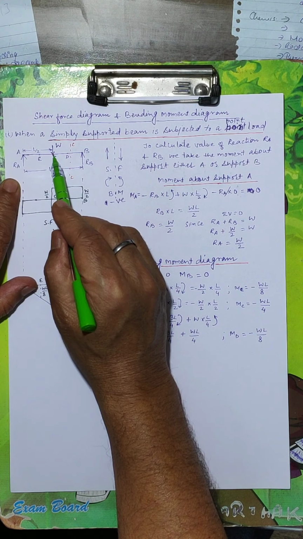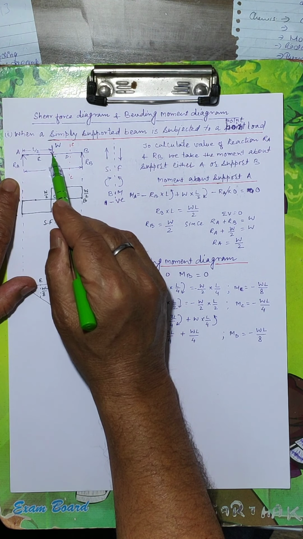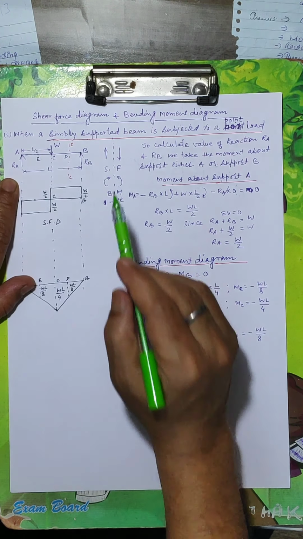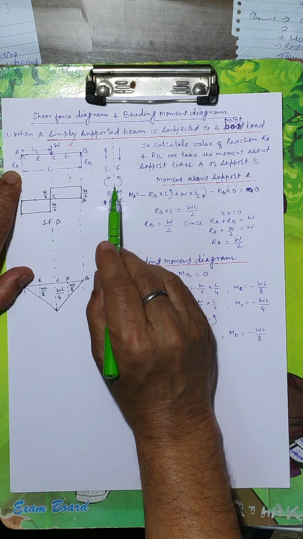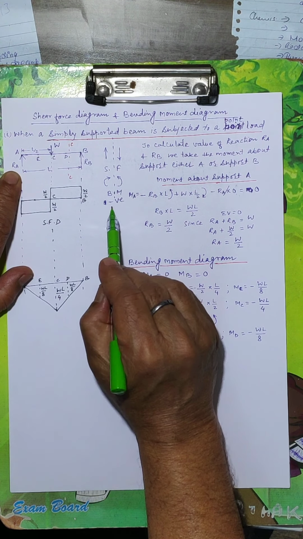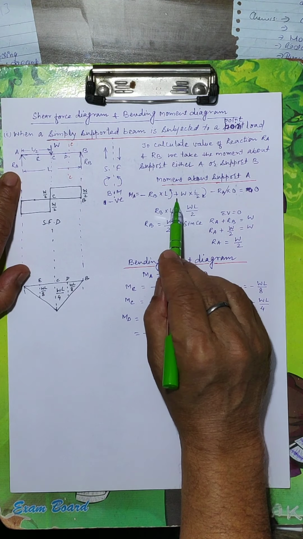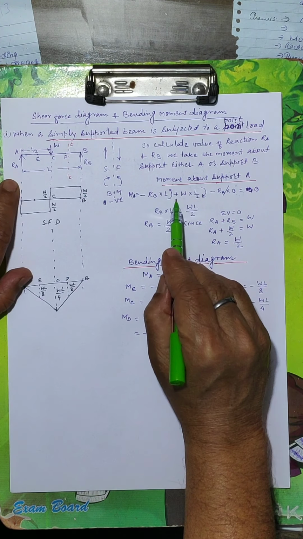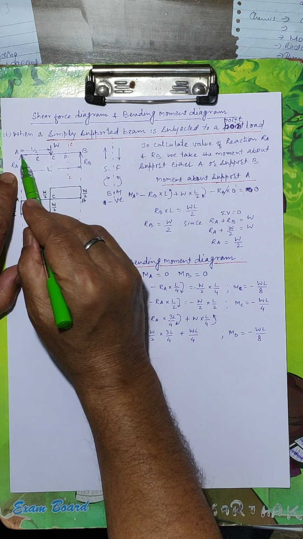Direction: this goes in the clockwise direction about A, on the right side of the section. Since anti-clockwise is negative, clockwise will be taken as positive. So W into L by 2 has a positive sign.